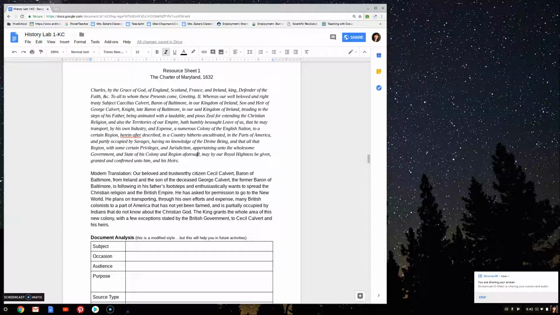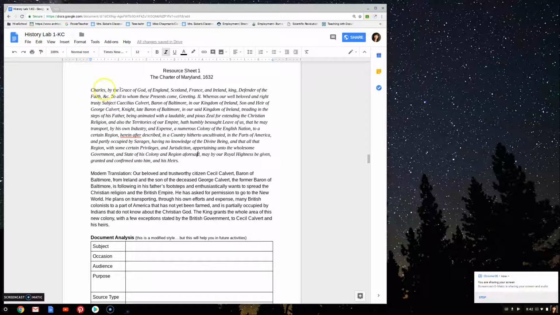He plans on transporting, through his own efforts and expense, many British colonists to a part of America that has not yet been farmed and is partially occupied by Indians that do not know about the Christian God. The king grants the whole area of this new colony, with a few exceptions stated by the British government, to Cecil Calvert and his heirs.